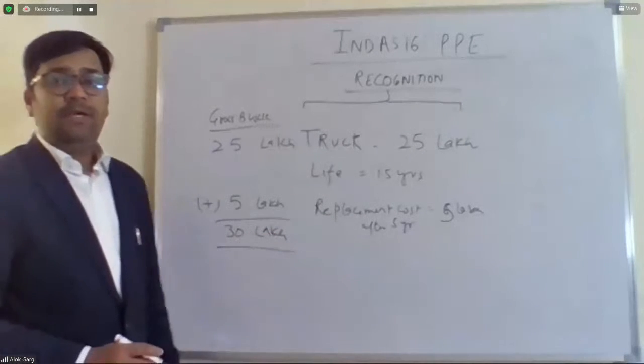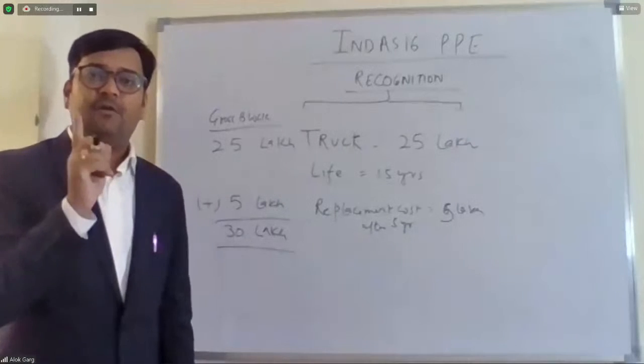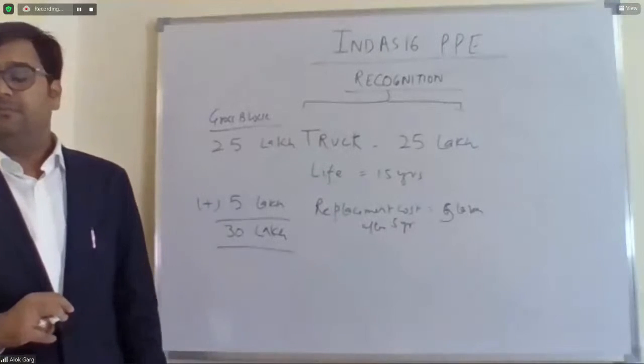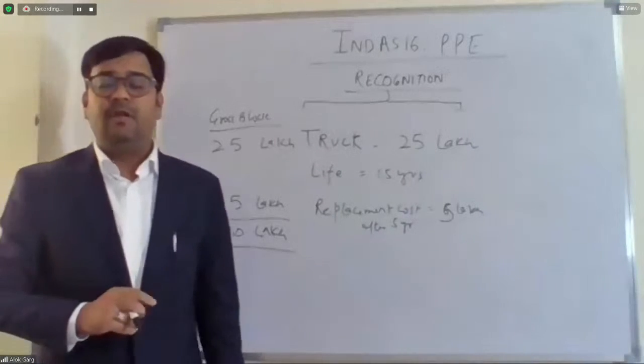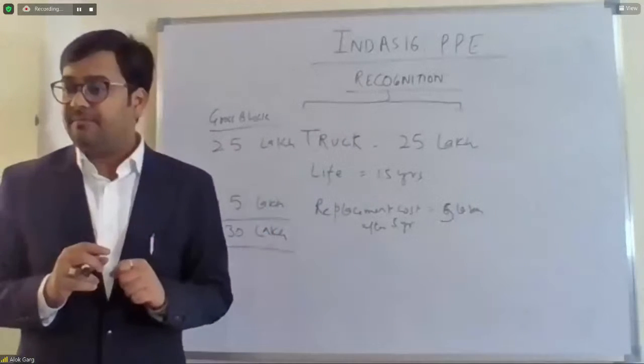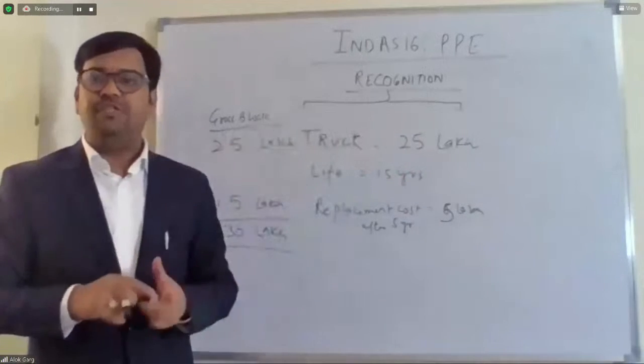Okay. But don't you think when the company has acquired a truck, it has acquired a truck with engine? Am I right or wrong? So it means the truck already includes the cost of engine also.